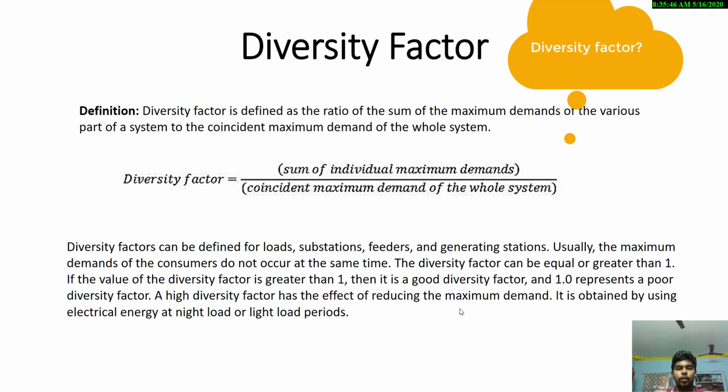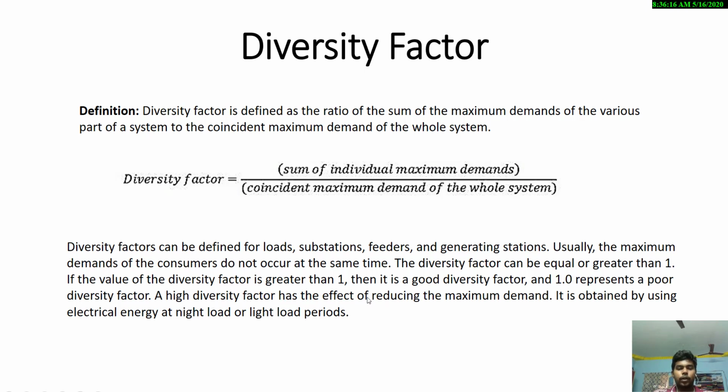Load factor must be equal to or around 1, and only then is the system efficient or good. But the diversity factor must be greater than 1. If it is equal to 1, it is considered low efficiency or a poor diversity factor.